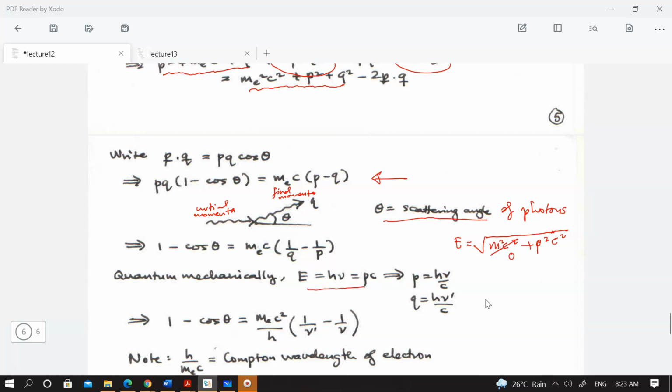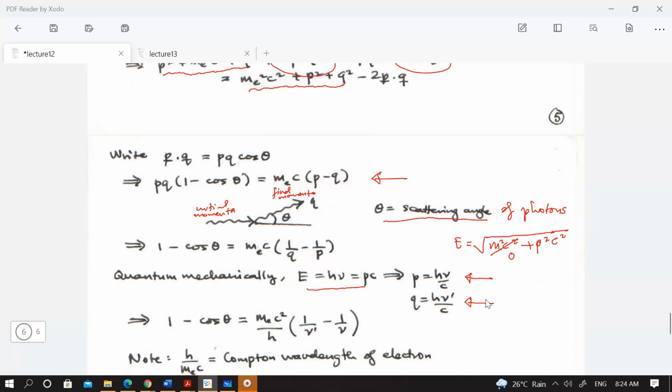So now one can re-express the p in terms of the frequency, which is given here for the case of the momenta before the collision, and q here is the momenta of the photon after the collision. In order to differentiate the frequency before and after, you use nu for the one before, and nu dash for the one after the collision.